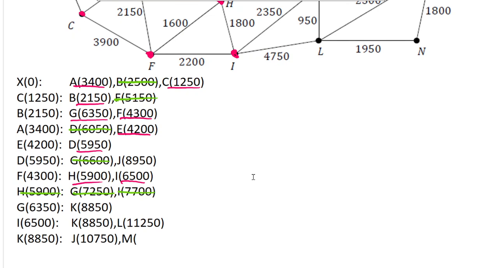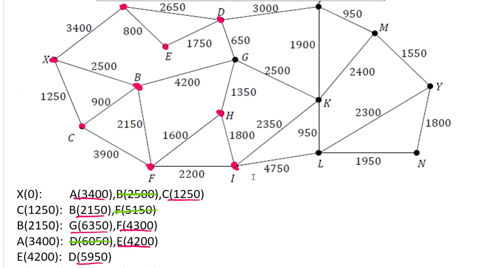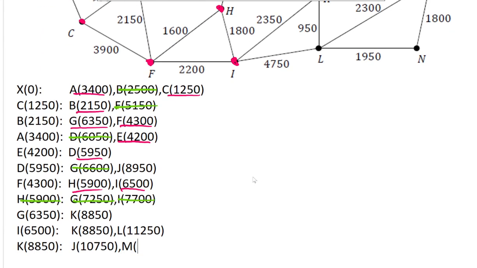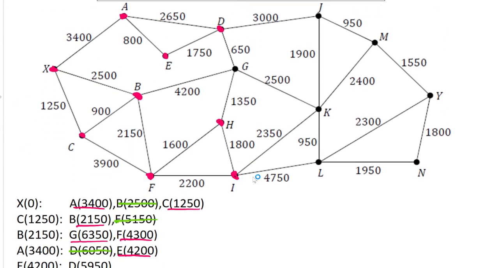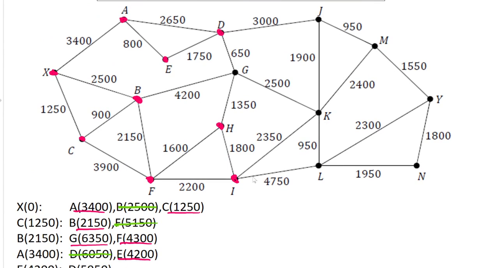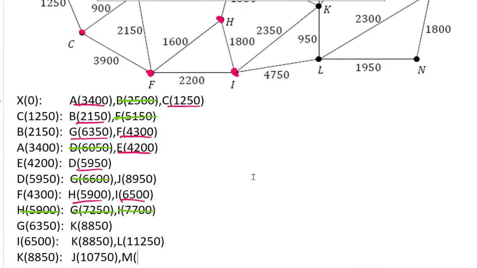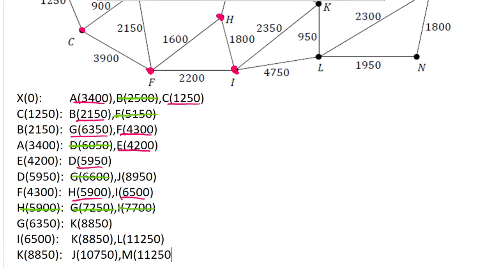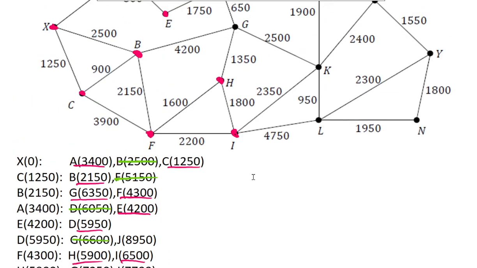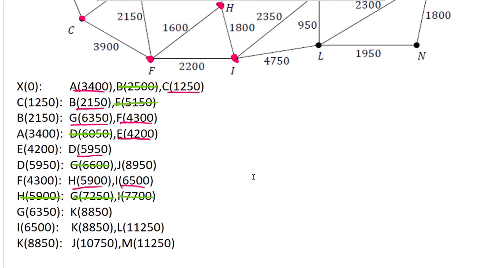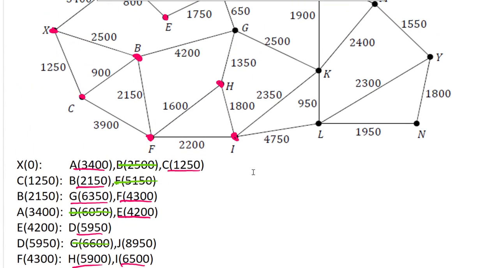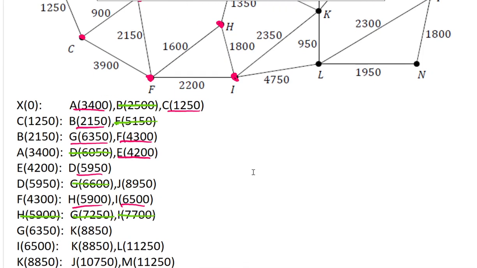So 2400 plus 8850 is 11250. You can't see the confused face I'm making.